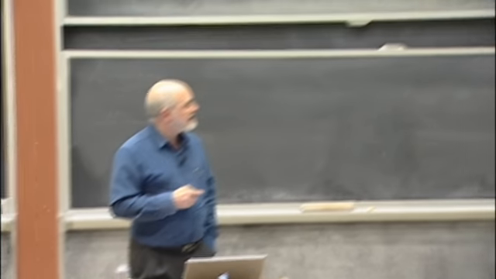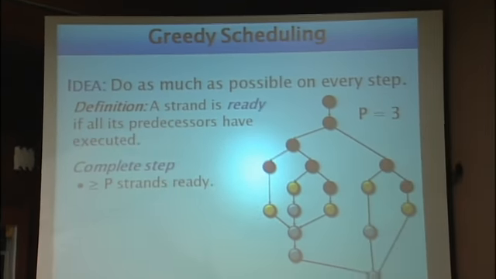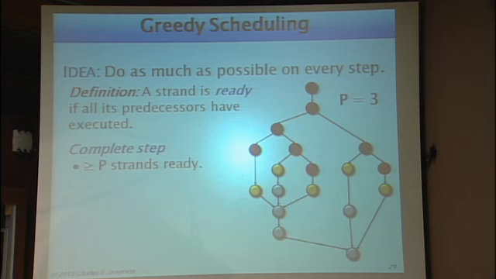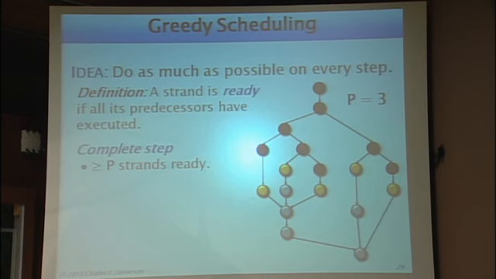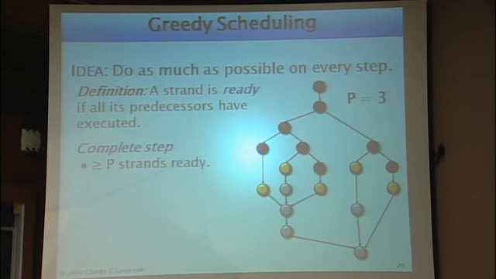So the idea, and let me illustrate for p equals 3, is to understand the execution in terms of two types of steps. In a greedy schedule, you always do as much as possible. This is what would be called a complete step, because I can schedule all 3 processors to have some work to do on that step.